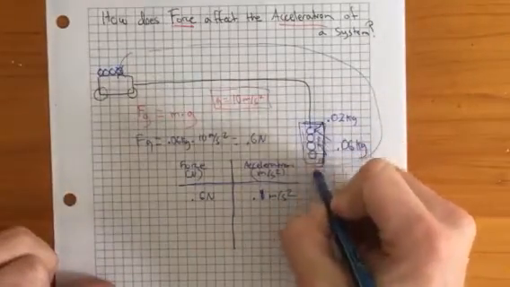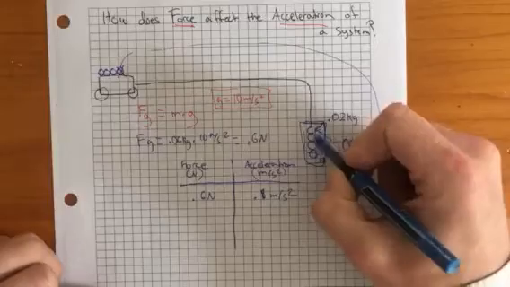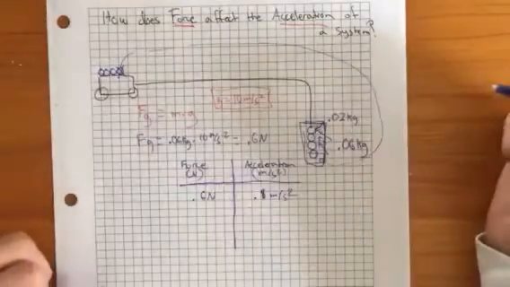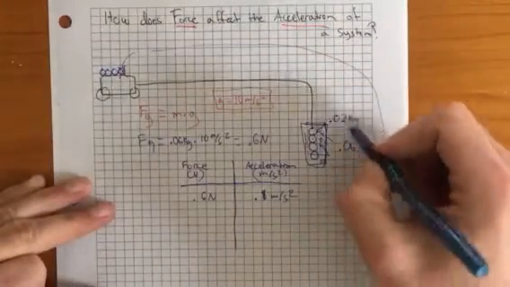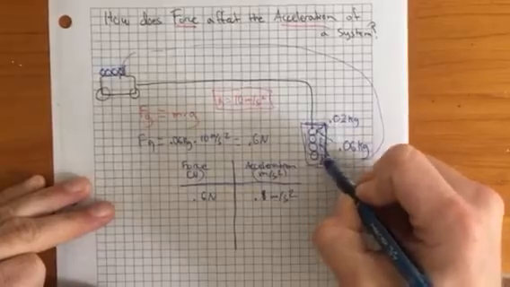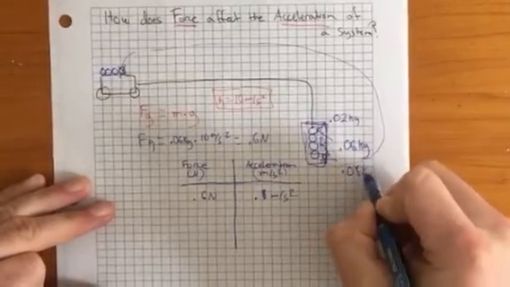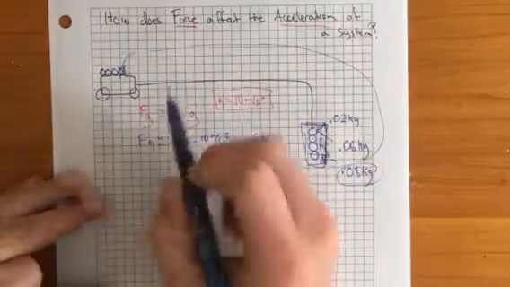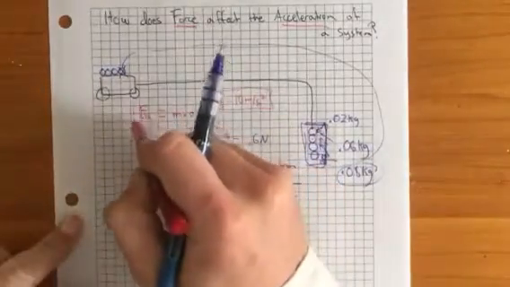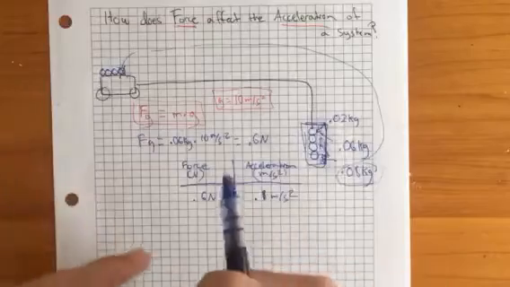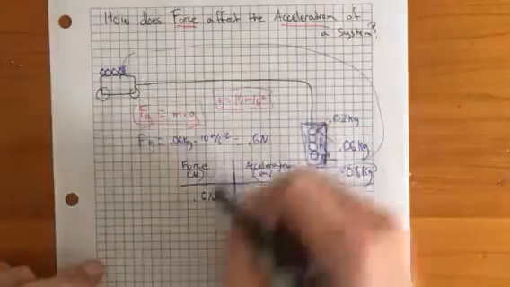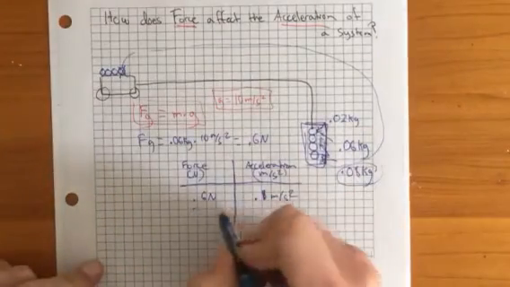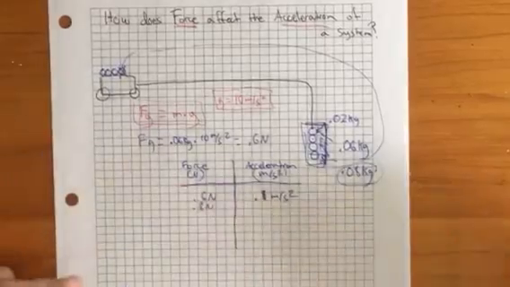I've increased the force down here because now we have 1, 2, 3, 4 of these 0.02 kilogram masses. And so now my total mass here, all of these together, is 0.08 kilograms. And if I were to plug this into this formula, force due to gravity equals mass times gravity, I'll get 0.8 newtons. So that's my second data point.